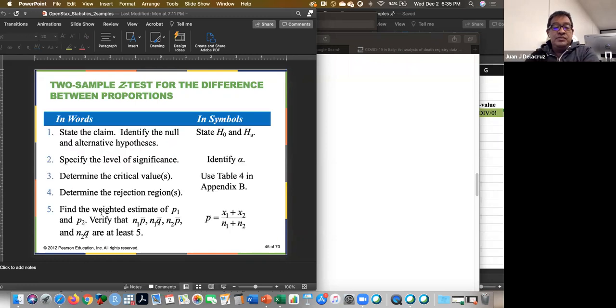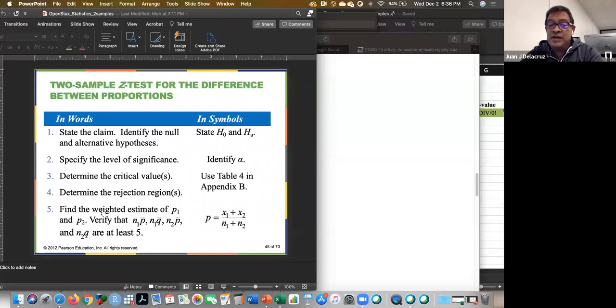Once again, we look at the case, we translate the verbal claim into a mathematical claim. We want to know the level of significance. With the level of significance, because we are using a Z-test, we can find the critical values. Then with this, we specify the rejection regions.